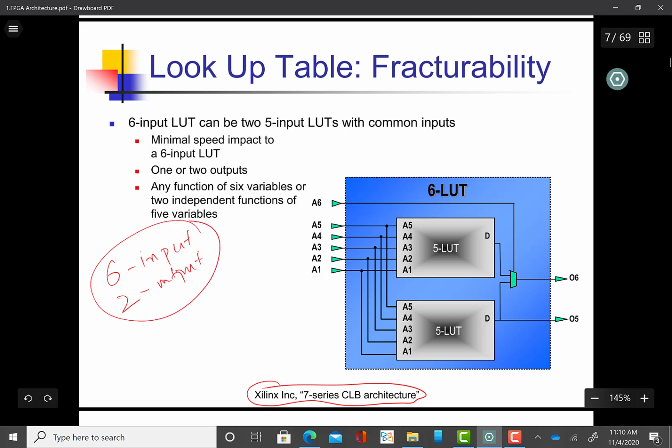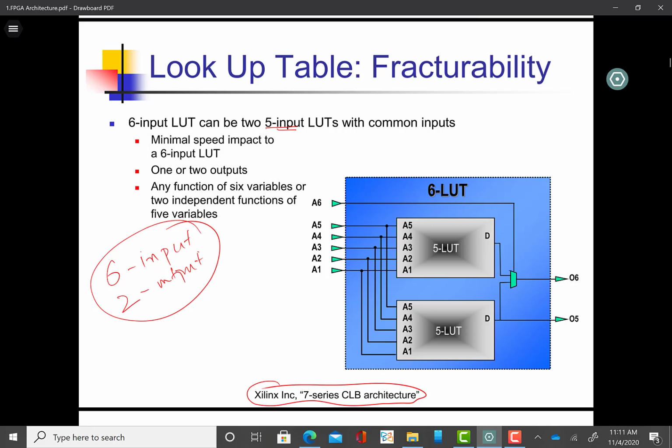This is a very interesting combination, because it means that you can implement any 6 input function or two 5 input functions.